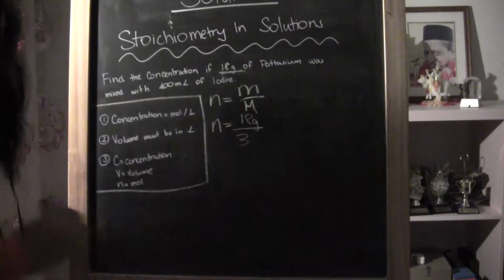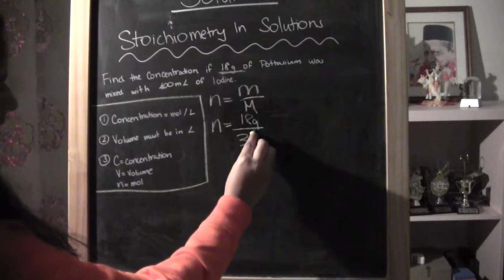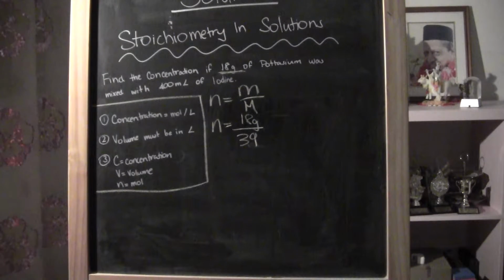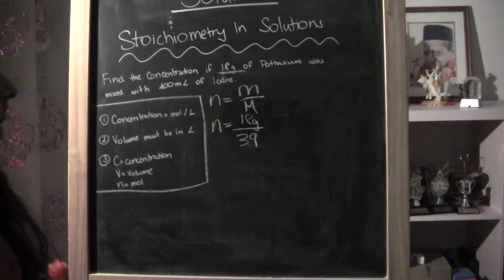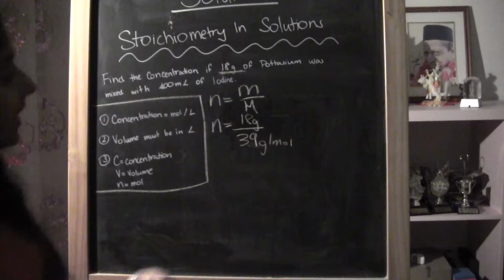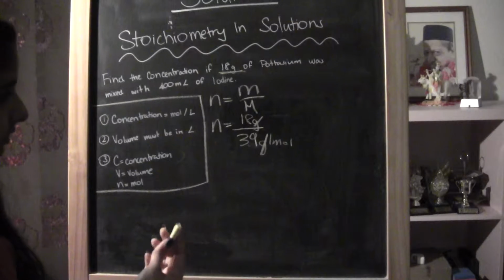Let me just make sure really quickly. Yes, 39. Okay? So 39. Okay? This is grams per mole. And when you're dividing, you can take these out.